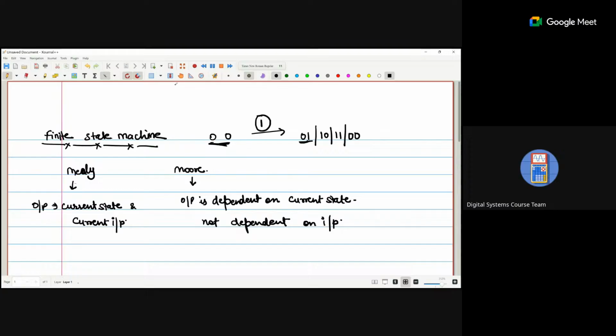Second thing, the output changes when the state changes. If any input is changed, there is no change in the output.